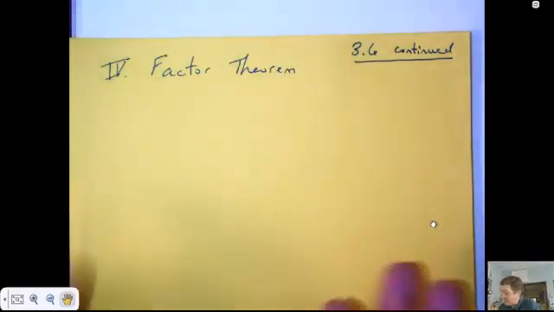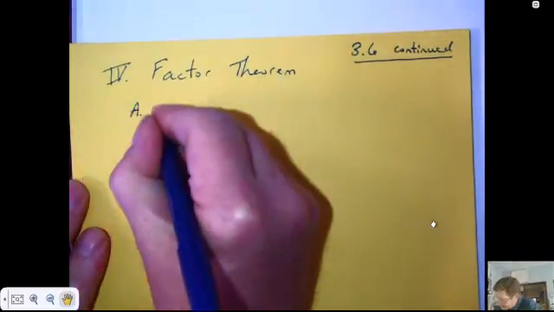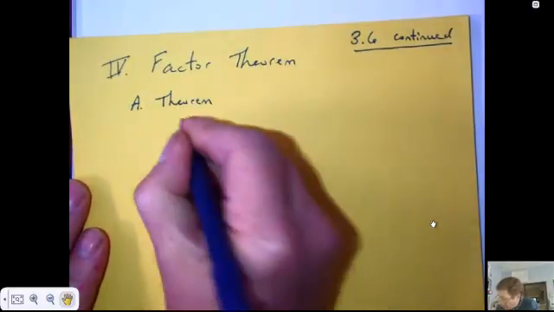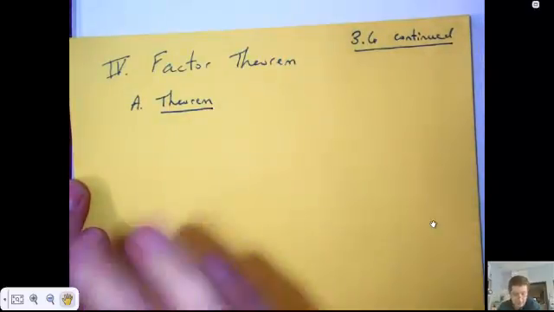Alright, so first off, the theorem itself says the following. This is called the factor theorem.